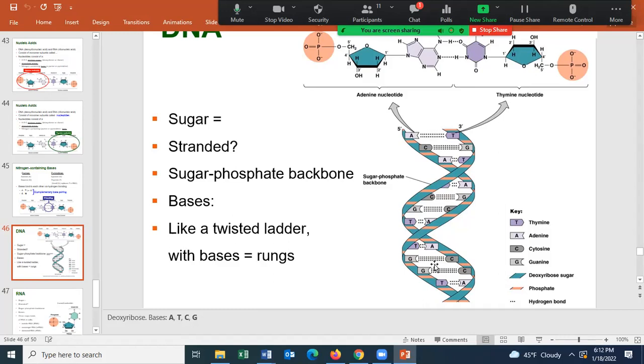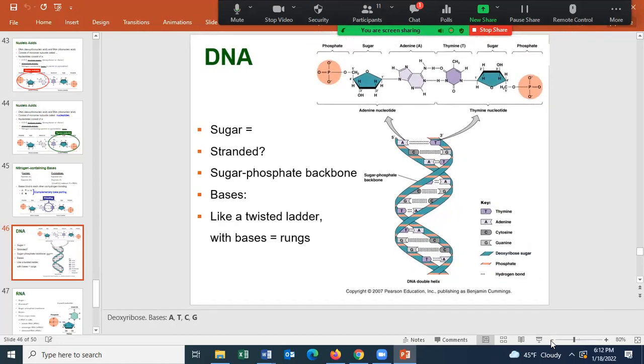And that happens all the time in our cells because we're at 37 degrees Celsius. Any questions about any of that? All right, what's the sugar in DNA?